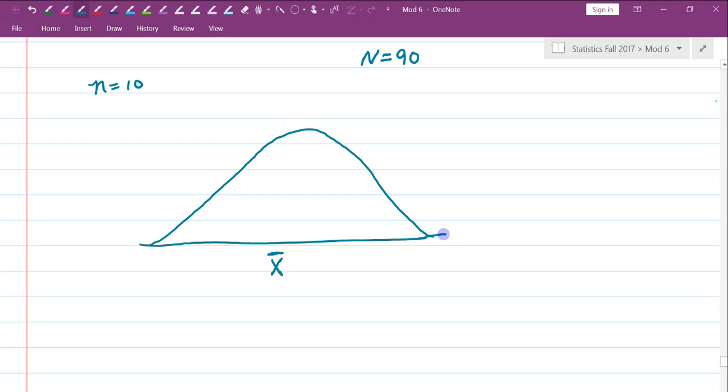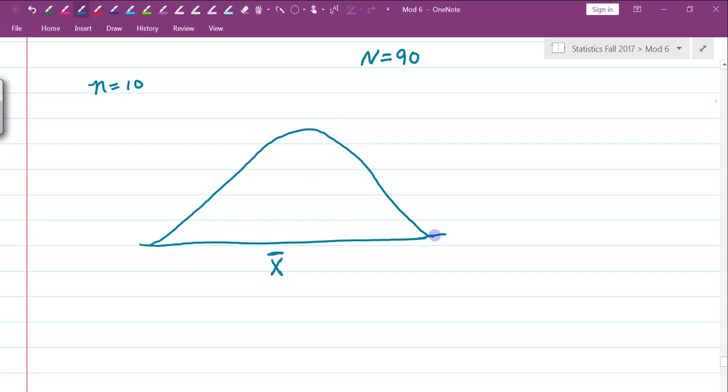So my X bars that I'm plotting, if I'm pulling from a normal distribution, those X bars will also, when I plot all the different ways that I can calculate those sample means, take on a normal distribution.